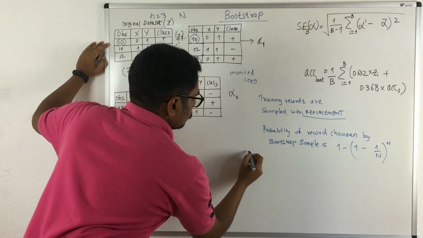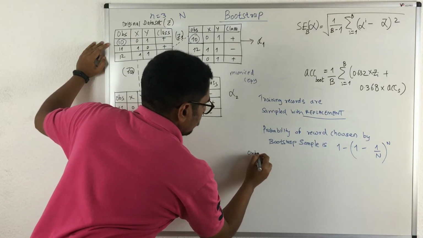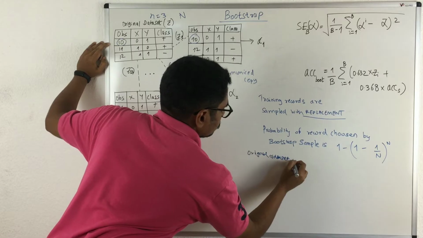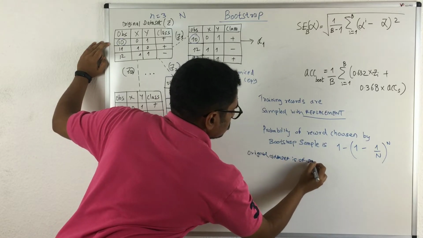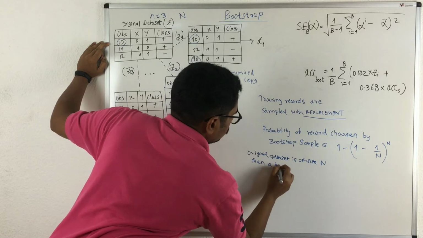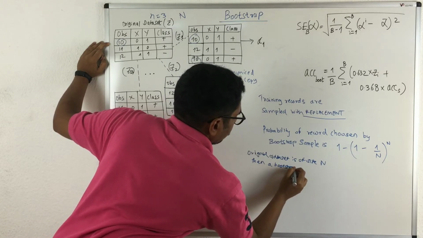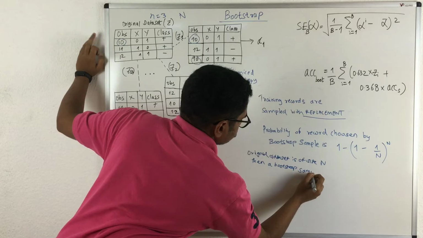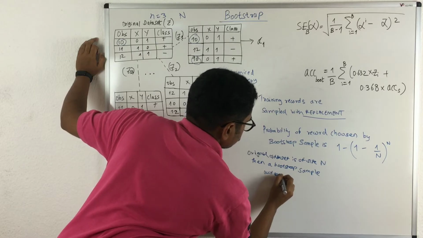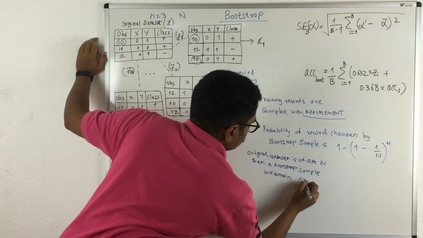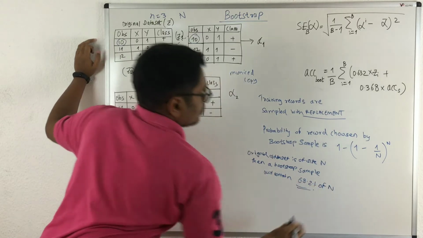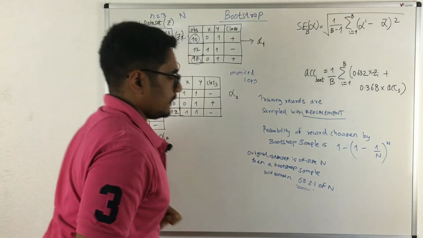If the original data set is of size n, then a bootstrap sample will contain 63.2% of the original data set of size n.